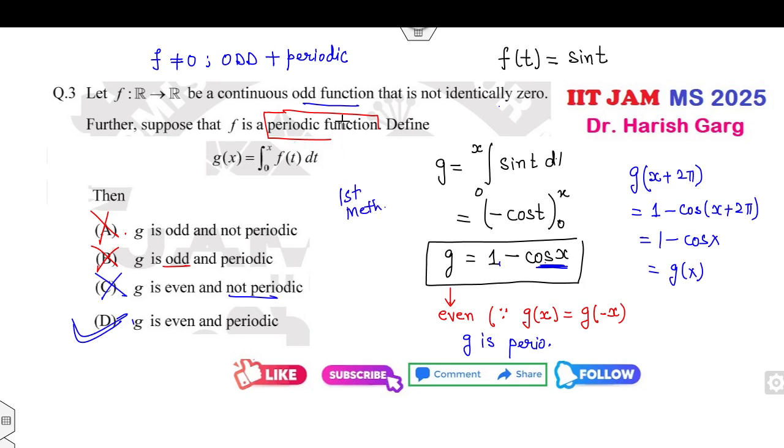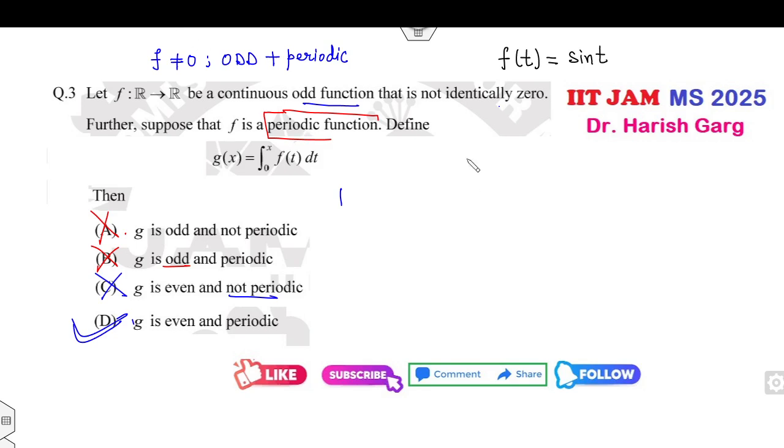There is one more method how you can solve the problem. Look at that. Your function g is the integral from 0 to x of f of t dt. Now look at that. What is f? F is an odd function. If you integrate an odd function, that will always give you an even function.